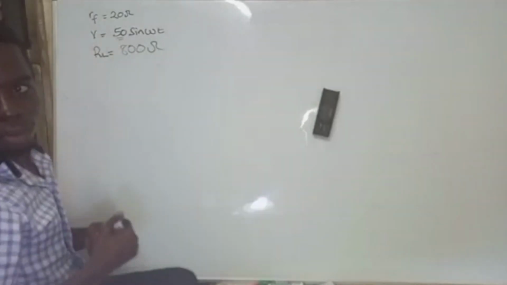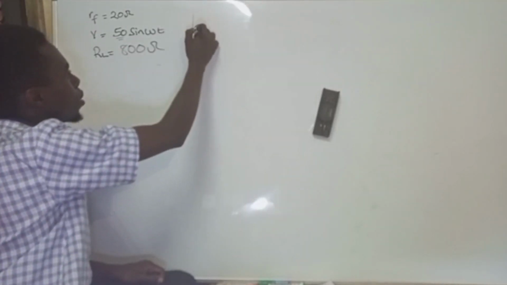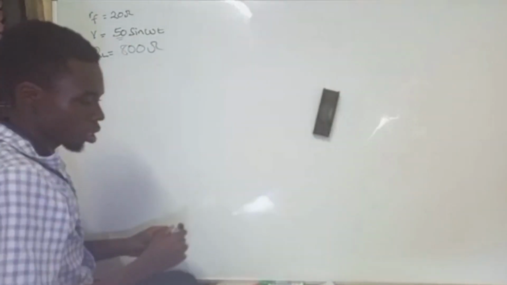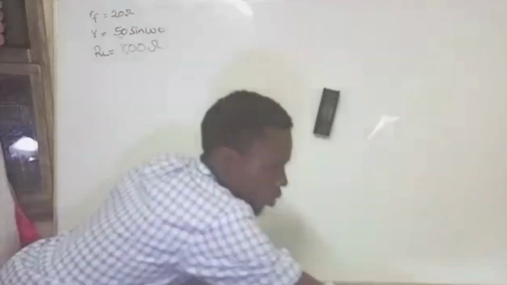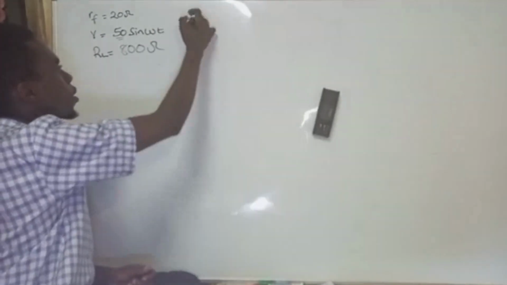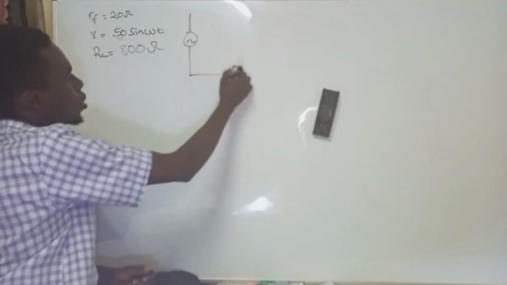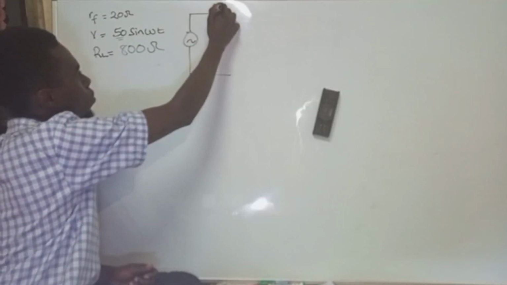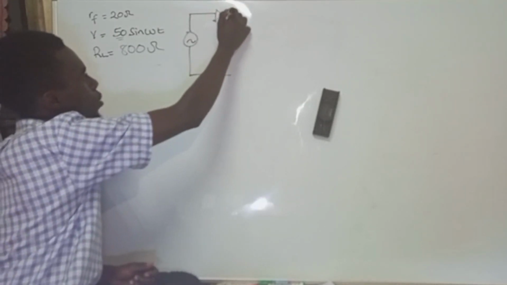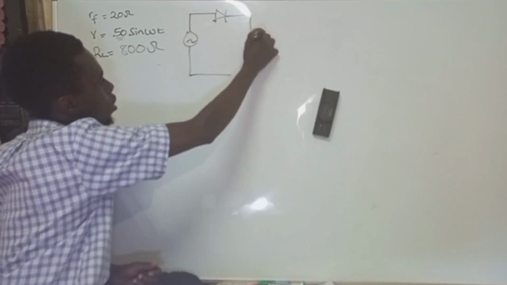So I had just redrawn this circuit, and I was trying to label my given values. This is a diode, and this is the load, the RL.